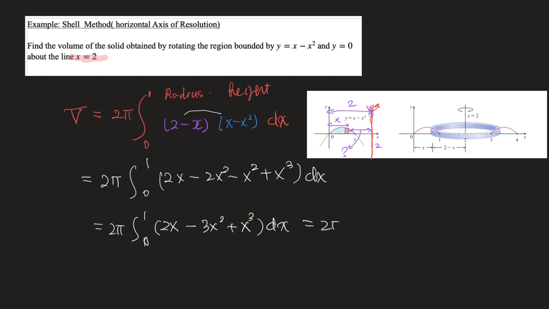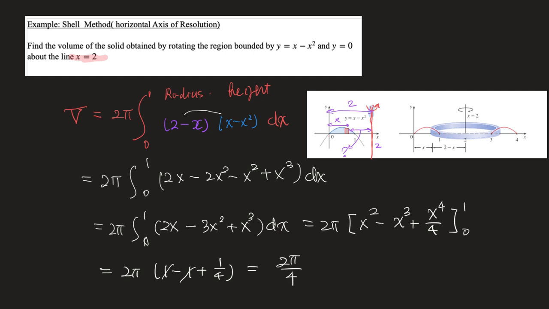So this is 2 pi times x squared minus x cubed plus x fourth over 4, from 0 to 1. So this is 2 pi times 1 minus 1 plus 1 over 4. Cancel out, that's going to be 2 pi over 4, which is pi over 2. Guys, generally speaking, the shell method is much easier than the washer method, but make sure you find the right radius and height depending on the axis of revolution.